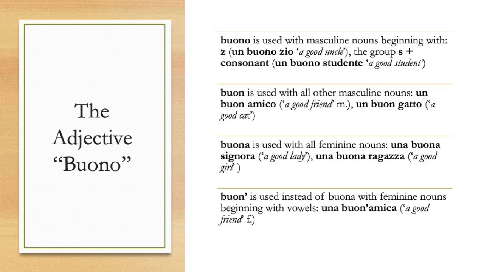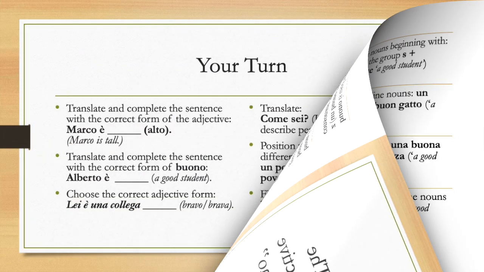For feminine nouns, it's buona, for example, una buona signora or una buona ragazza. But when the feminine noun starts with a vowel, we shorten buona to buon' with the apostrophe, as in una buon'amica. Notice how the article and the form of buono always match the rules for indefinite articles in Italian.